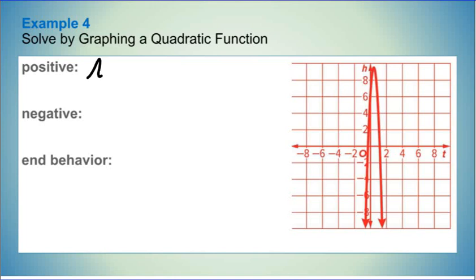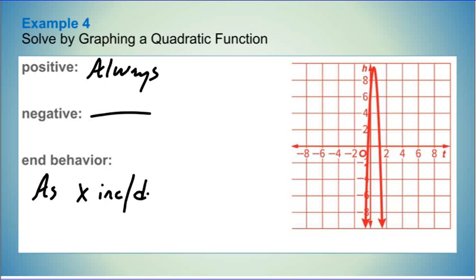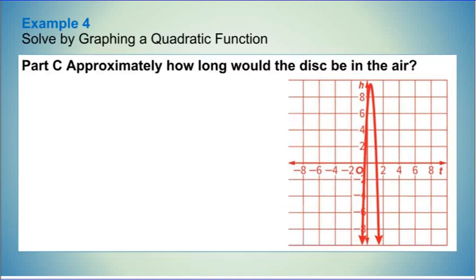Positive, always. Negative, never. Then behavior as x increases, y decreases. And part C, approximately how long would the disc be in the air? If we look at that, we found our 0 here, so that would be 1.2 seconds.